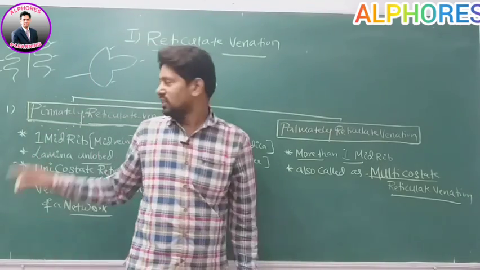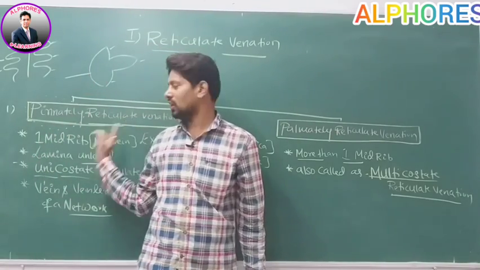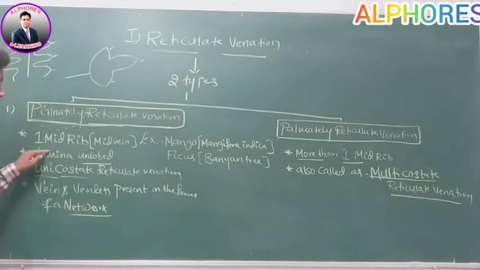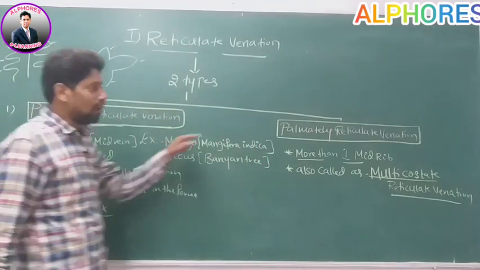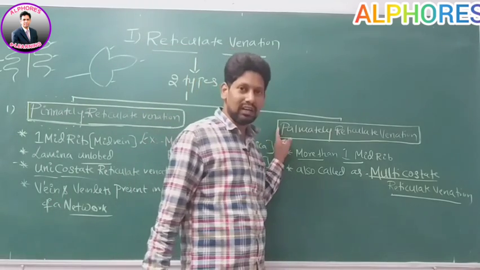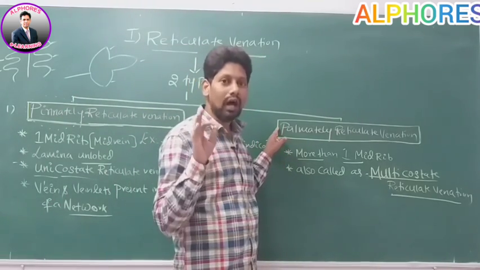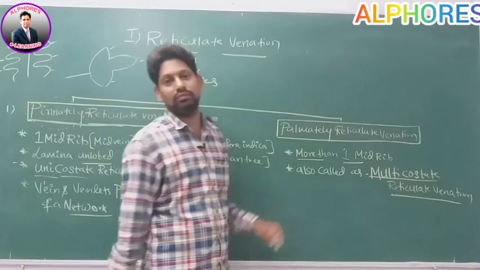Now you tell me. Sir, in pinnately reticulate venation, how is the lamina? Unlobed. Yes or no? In pinnately reticulate venation, lamina is unlobed. In palmately reticulate venation, lamina is either unlobed or lobed.